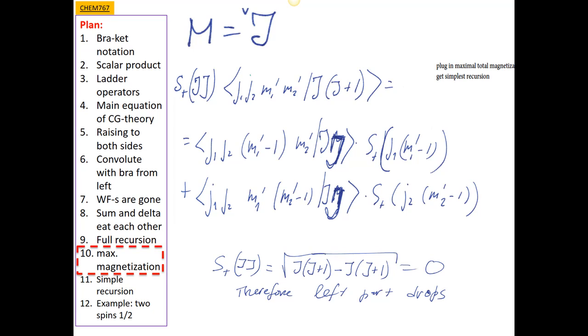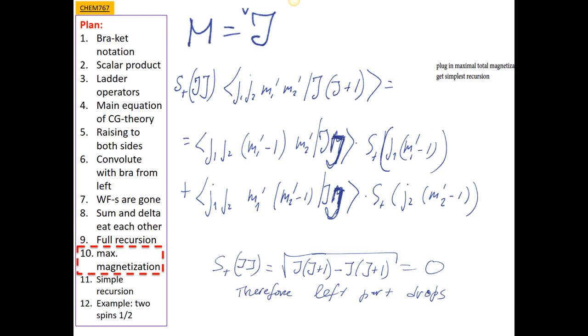Meaning if we are exploring a magnetic projection bigger than the total spin, it is not allowed. This is nature. Therefore, the left part is 0.